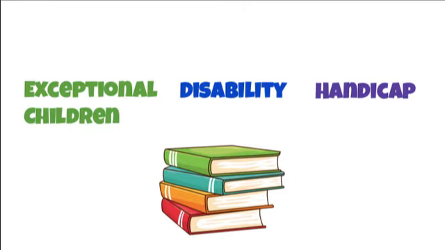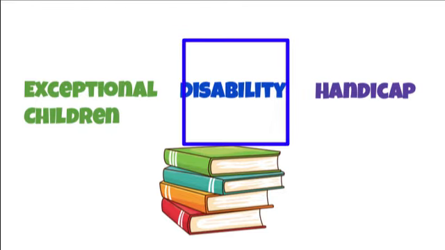It's important to recognize the difference in meaning and implication of the terms disability and handicap, even though people use those words interchangeably. A disability is a limitation or an inability to perform a task in a certain way. For example, a person might have paralysis of the leg muscles, they might have cognitive impairments, loss of sight or hearing, emotional disturbances, or learning difficulties or learning disabilities.